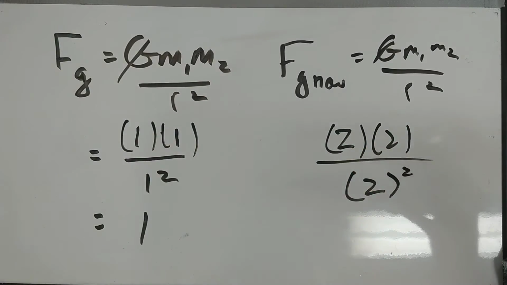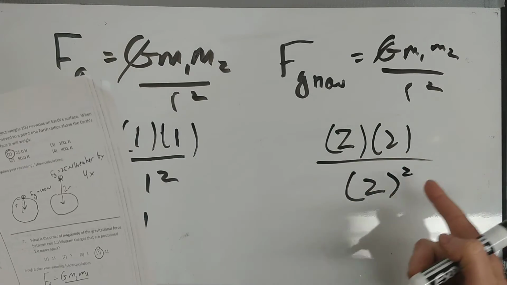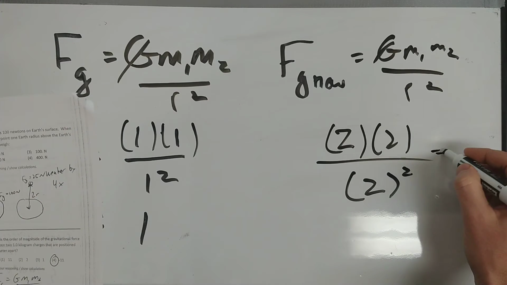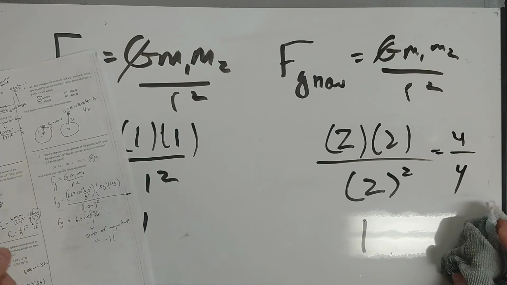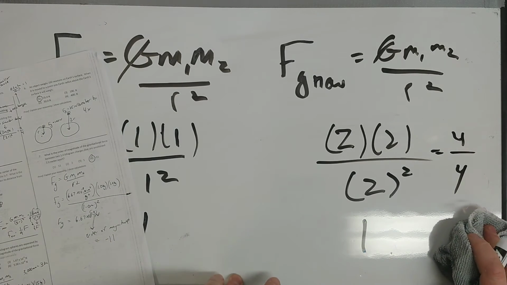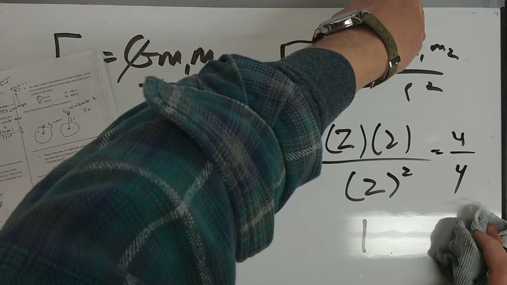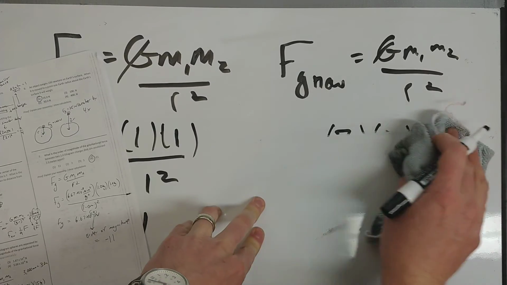So increasing the mass will make the force stronger, but increasing the distance will make the force weaker. So 2 times 2 over 2 squared is 4 over 4, that's 1. So in fact, that doesn't actually change anything. You get a factor of 4 increase on top, a factor of 4 increase on the bottom. It's what we call a wash.